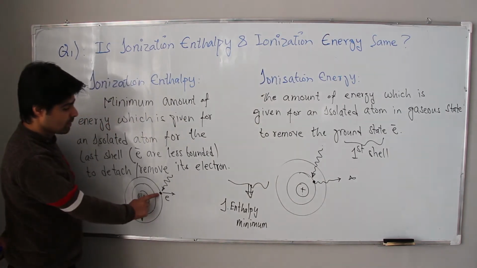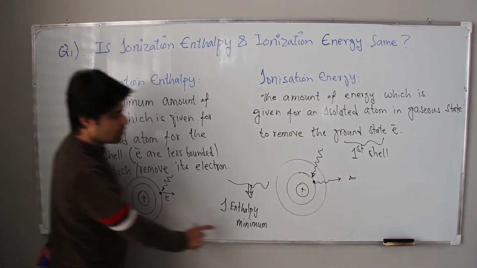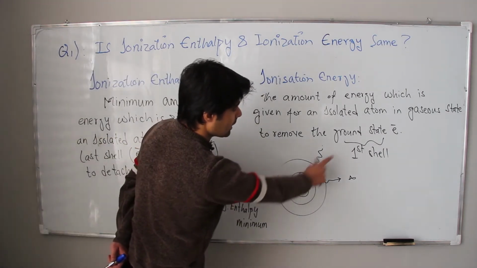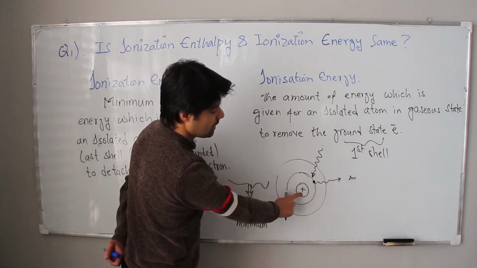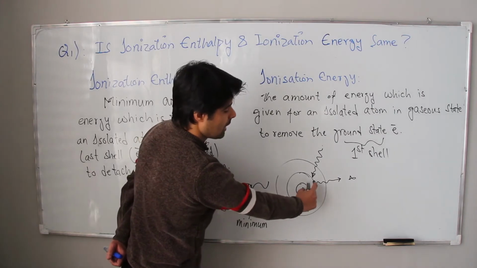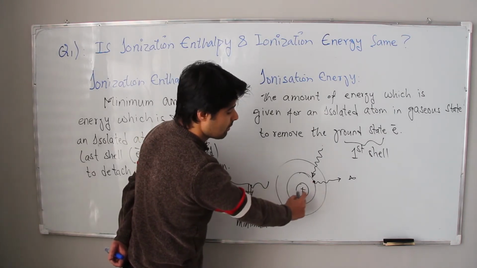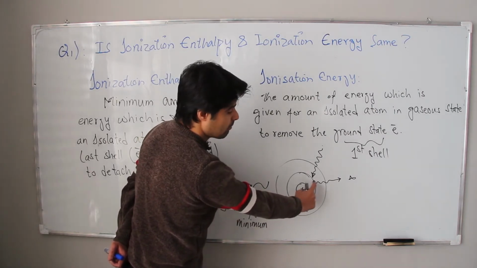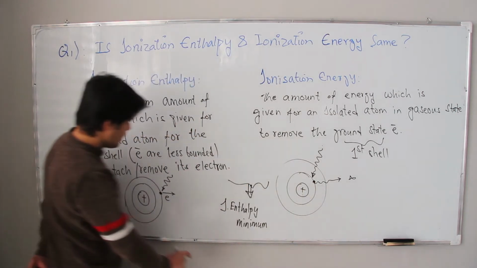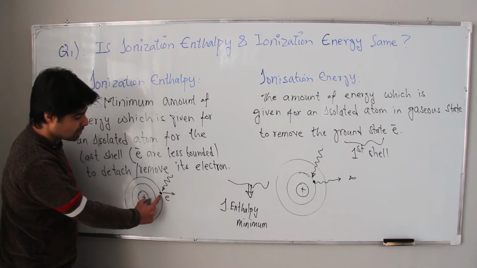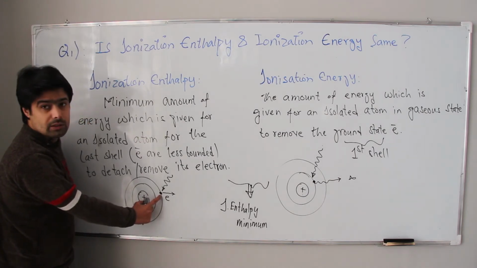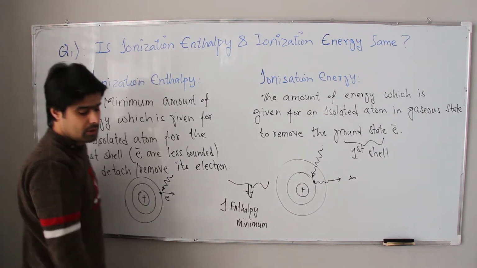Because you are giving this one to the last electron, and you are giving this one to the ground state electron, and the ground state electrons are near to the nucleus, and we have more attraction between the nucleus and the electrons. But here we don't have more attraction between the last shell electron and the nucleus. I think you have got it. Write it down.